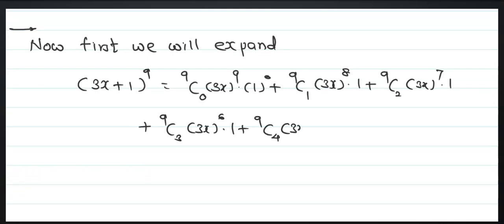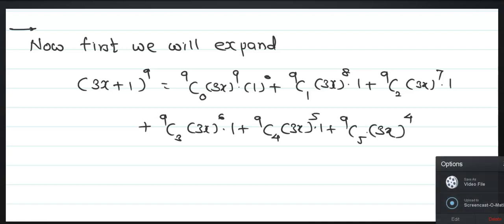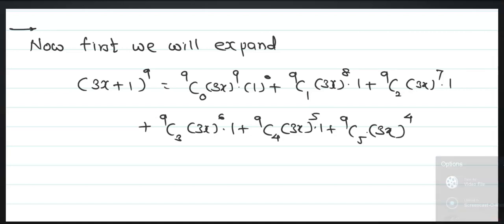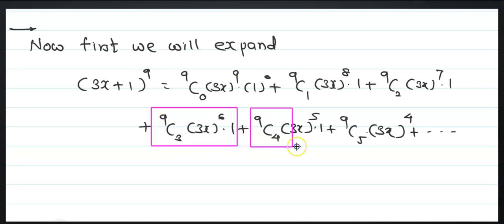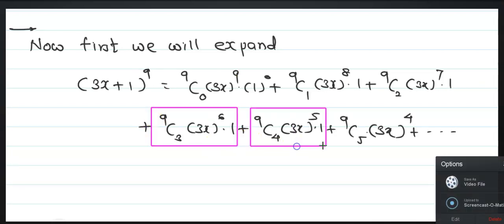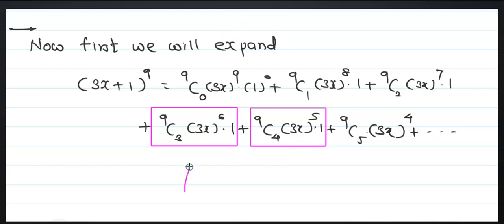(3x) bracket raised to 6 into 1, 9C4 (3x) bracket raised to 5, 9C5 (3x) bracket raised to 4, and so on. We require the power of x to be 6, and that's why these two terms will be required here, and that's why I stop the expansion. This is important. If you multiply by 2, then you will get x raised to 6 for this term.